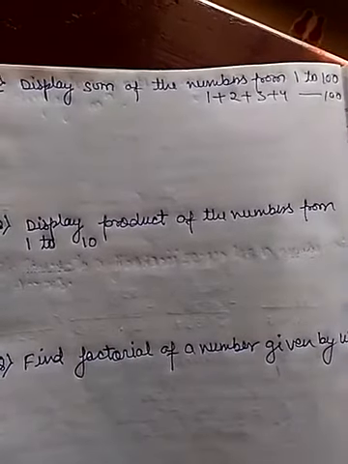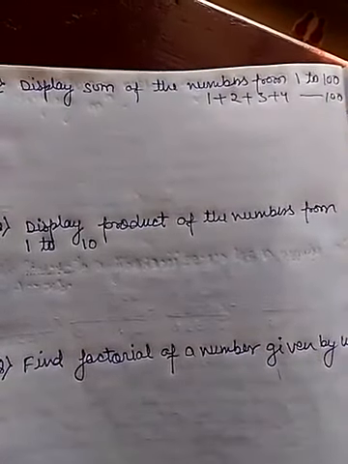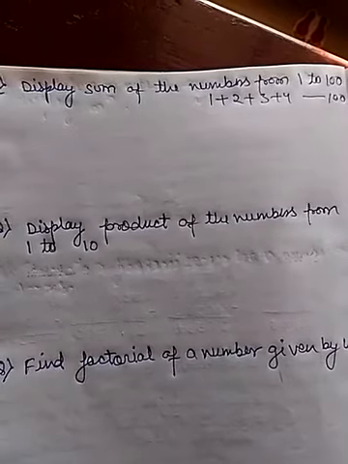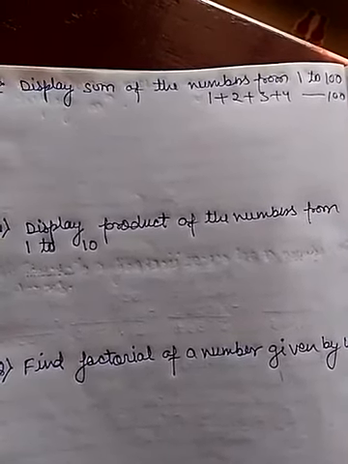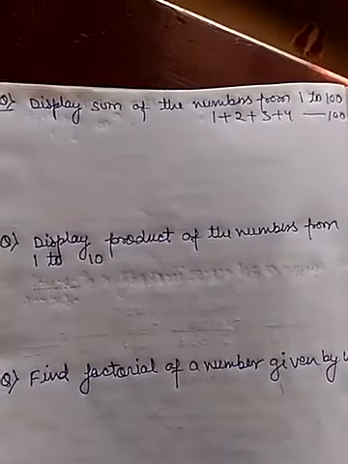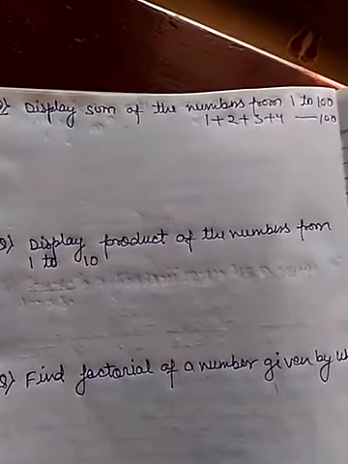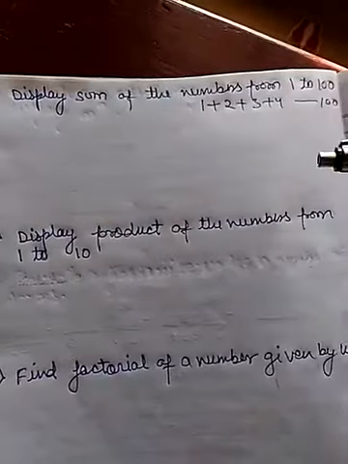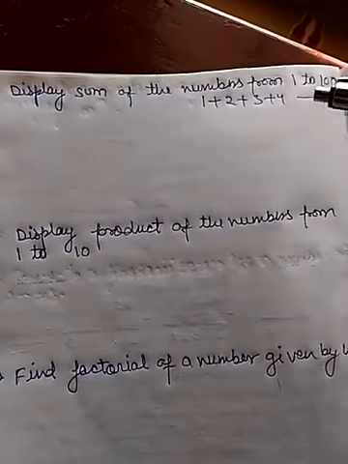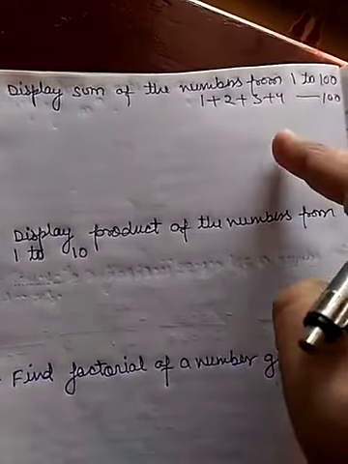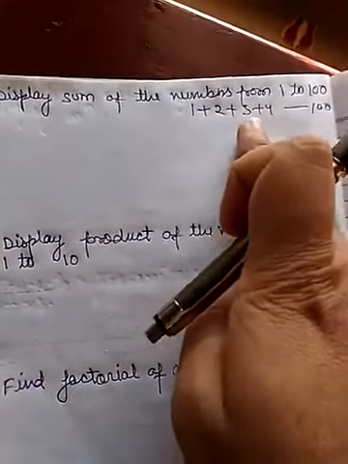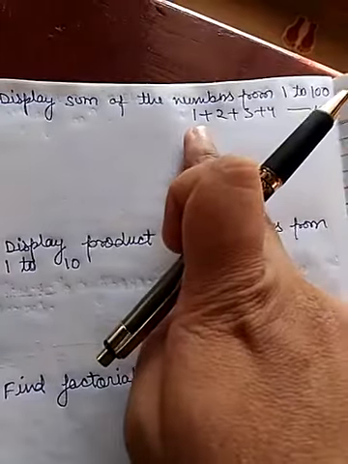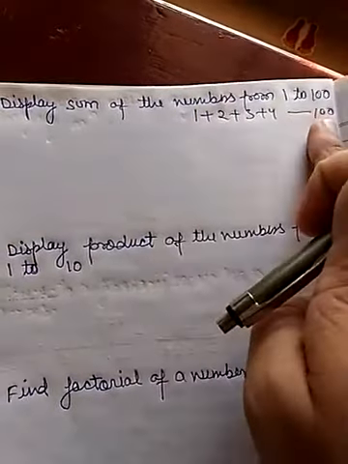So in this question we have to perform repeated addition, and in a while loop 3 statements are required: initialization, condition and update. So according to this question we have to perform the repeated addition of the numbers within a loop, and the loop must start from 1 till 100.